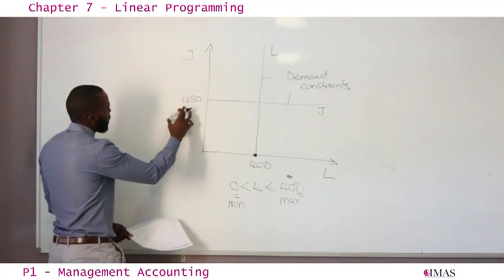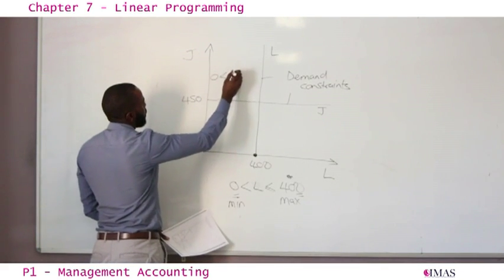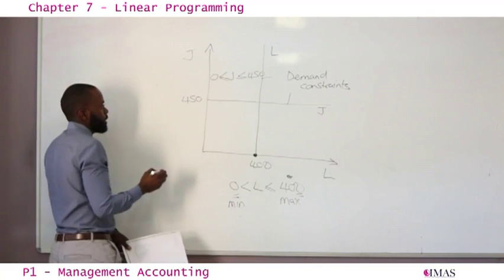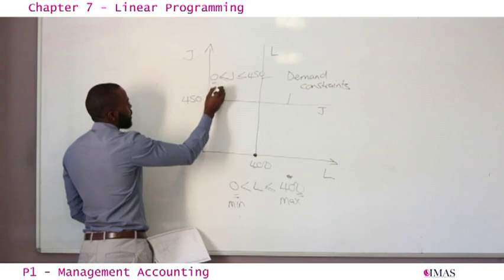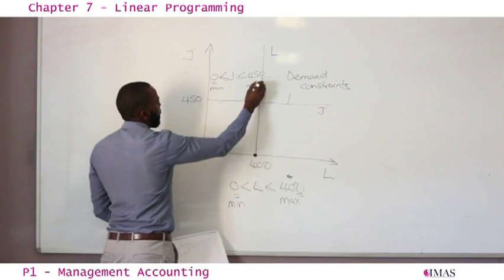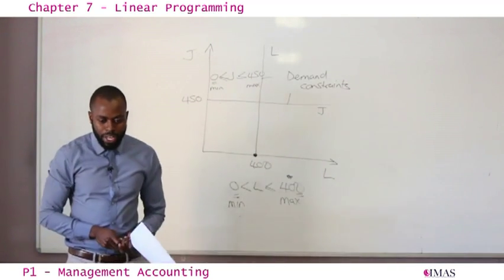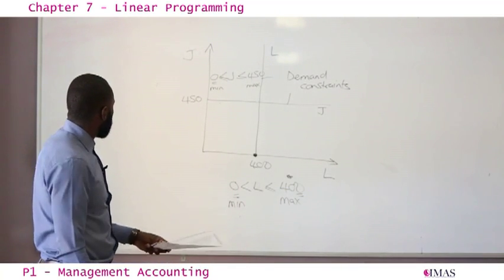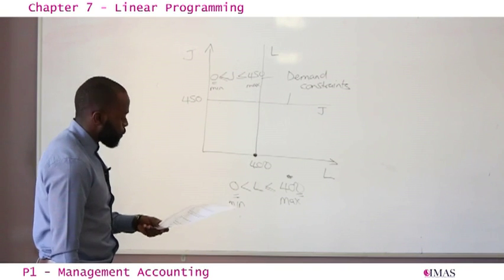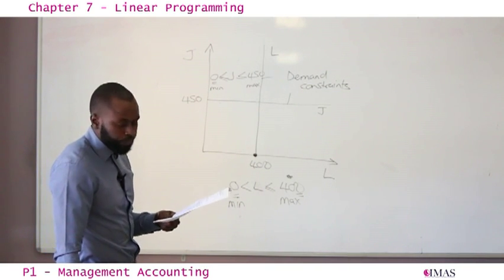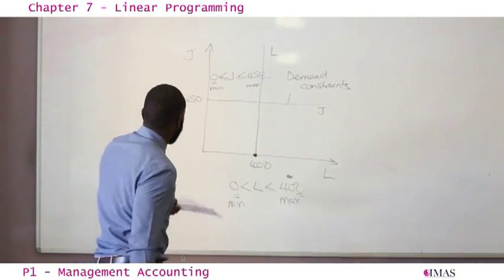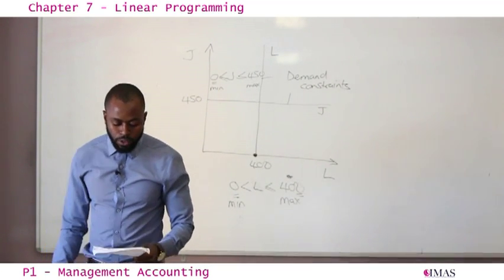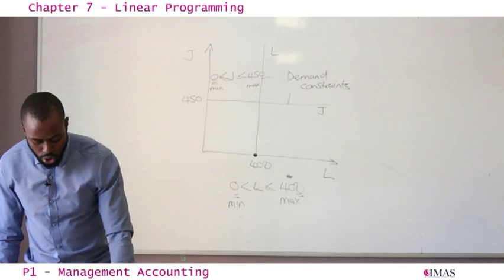Then for J, we should only produce between 0 and 450, this being the minimum, this being the maximum. So that's what we answered. It says what is the maximum weekly production? For J the maximum weekly production is 450. For L the maximum weekly production is 400. So that's the second part of question 123.